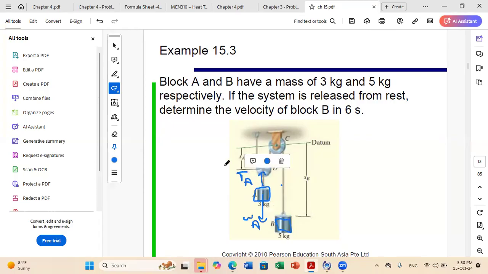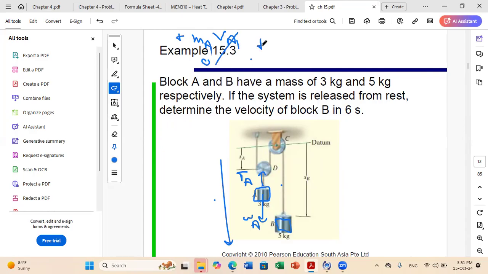Okay, and since I consider my coordinate downward, I can solve for linear impulse and momentum in this coordinate system. So I can write plus MA times VA initial at state 1. But since it's starting from rest, you can directly put that VA1 is 0.